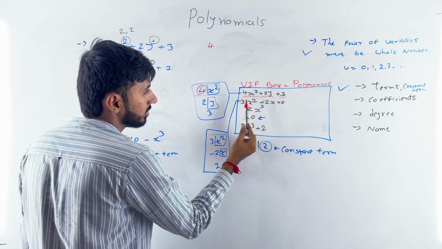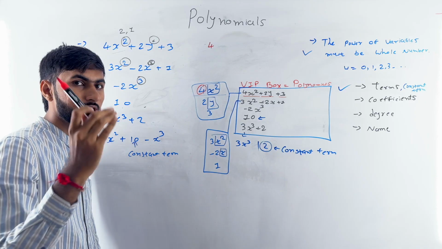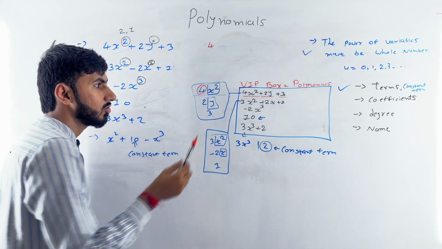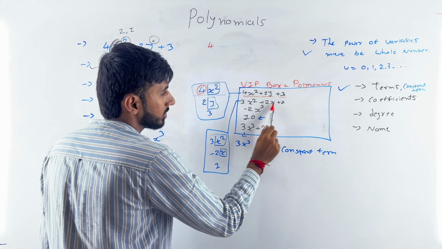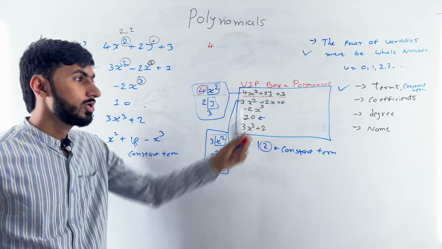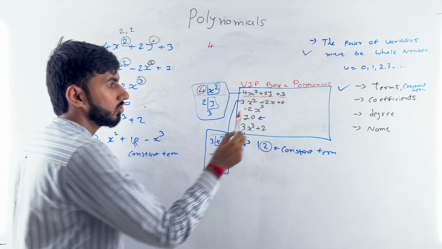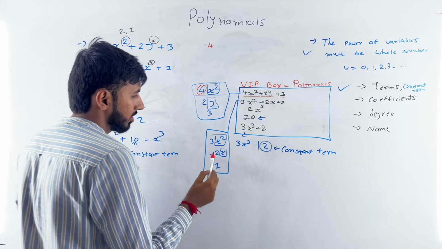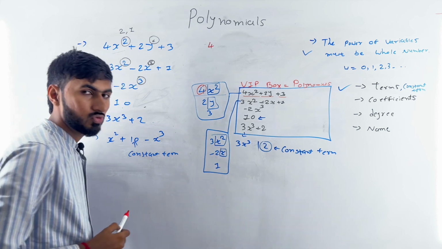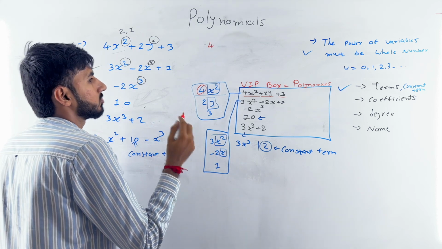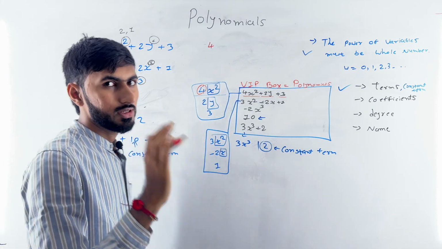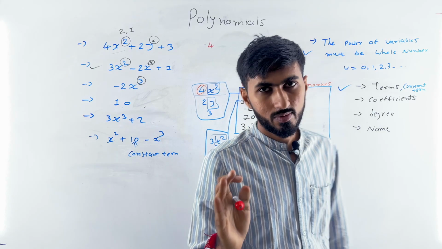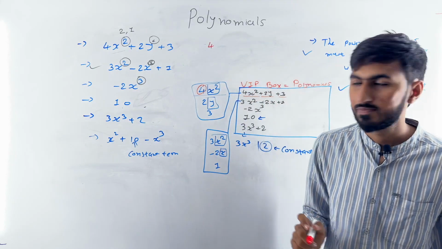Coefficient of x² in this polynomial is 3. The number that is multiplied with this variable is a coefficient. Coefficient of x in this polynomial is −2. Don't forget to bring the sign with it, right? For x there is a −2 that is multiplied with it. So coefficient is a simple thing, the number that is multiplied or that is written with that variable.